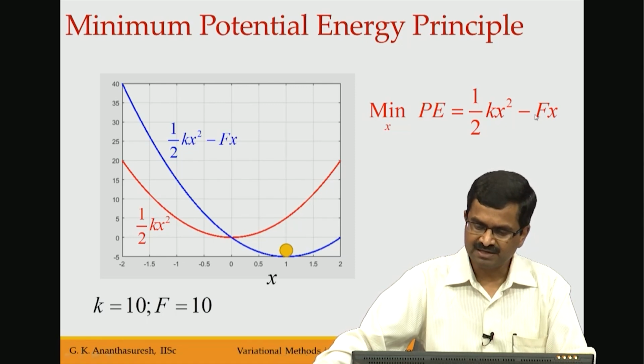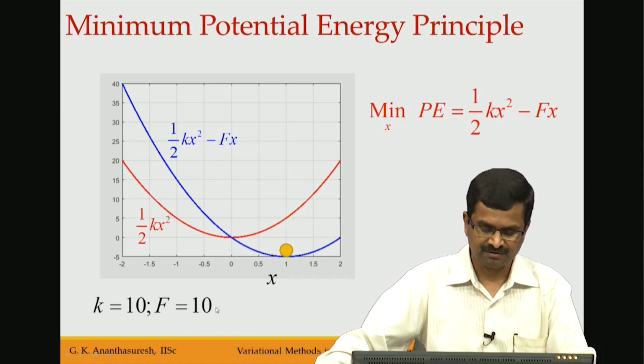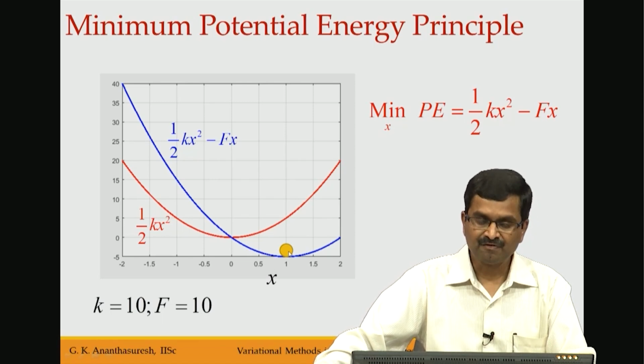The moment I apply some force F, in this case I have taken F equal to 10 units, k is 10 Newton per meter, F is 10 Newtons. If I put that, then the curve becomes this, and now the equilibrium value of x is going to be F by k, 10 by 10 equal to 1. At x equal to 1, I have a minimum point.